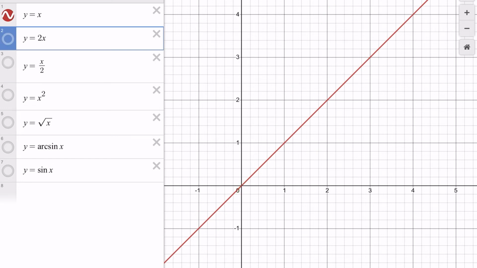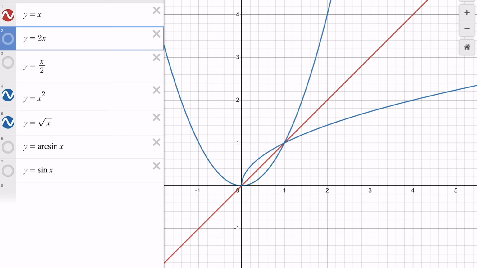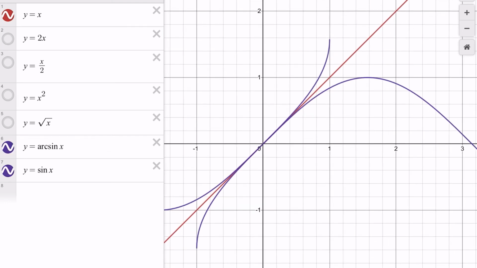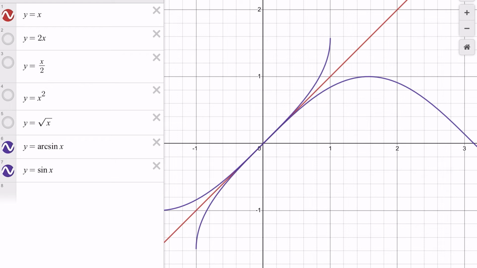Another inverse function, y equals x squared and y equals square root x, are only inverse functions when x is positive, because the square root of x is not defined when x is negative. But you get that mirror image in the line y equals x. Sine of x and arc sine of x also have inverse functions, but only on a restricted domain.